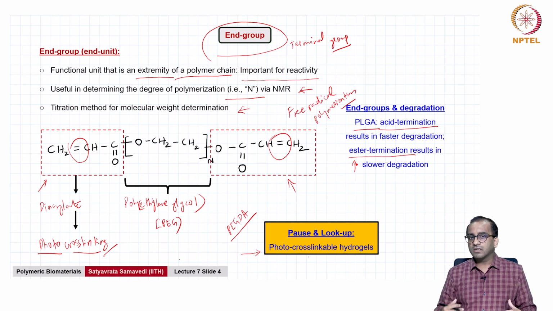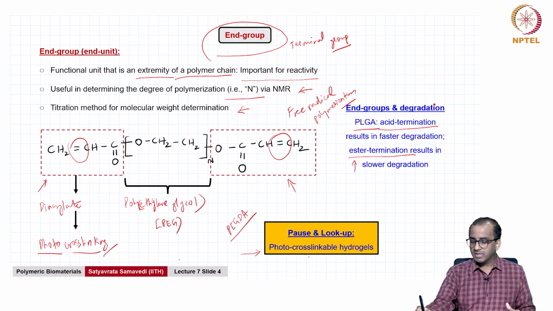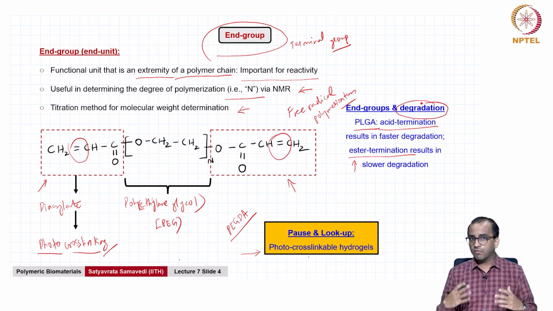So, you see, an innocuous group such as the end group can have far reaching consequences in terms of something like degradation, which you can think of in bulk as well, and all that goes back to this innocuous end group that is sticking to the terminal part of the chain.